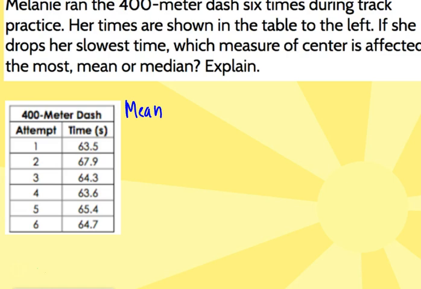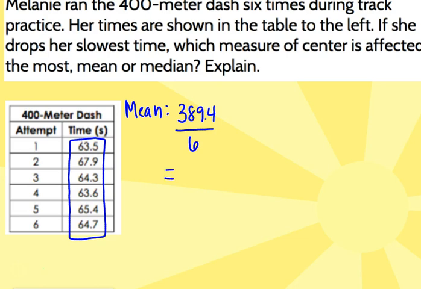So take a moment, add all of her times up. And we should find that that should be approximately 389.4. How many are there? 6, so divide by 6. So her mean is 64.9.